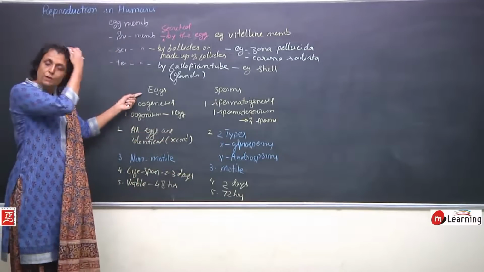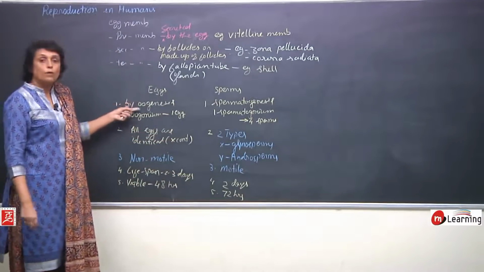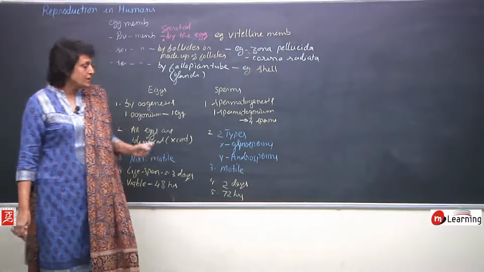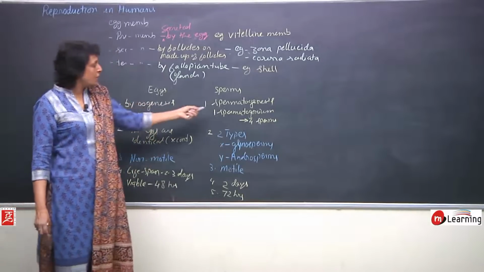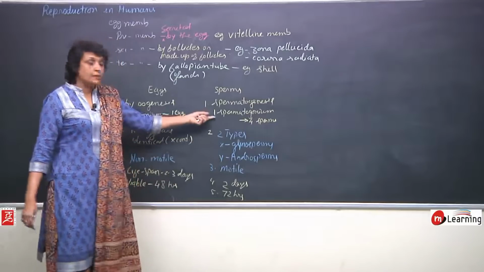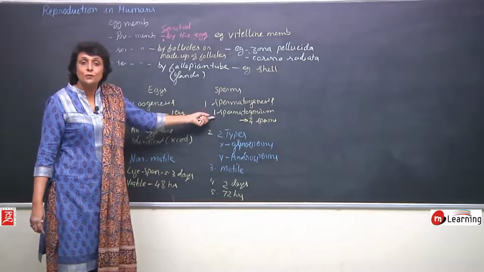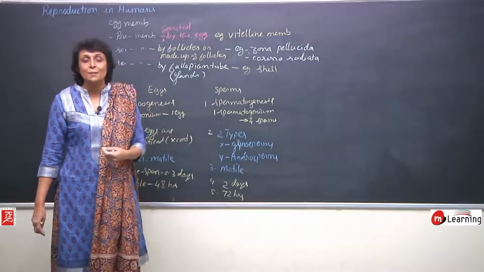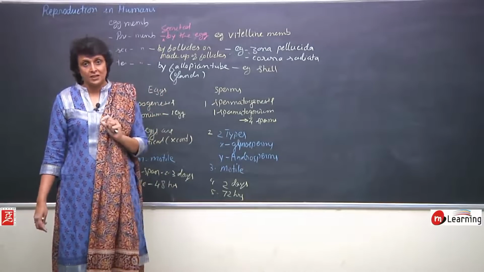Structure of egg and sperm we have seen in detail. We have also seen the comparison between oogenesis and spermatogenesis. Oogenesis is a discontinuous process and spermatogenesis is a continuous process. This process gets completed in 74 days, whereas it starts in the fetal stage and it will get completed only if fertilization takes place.